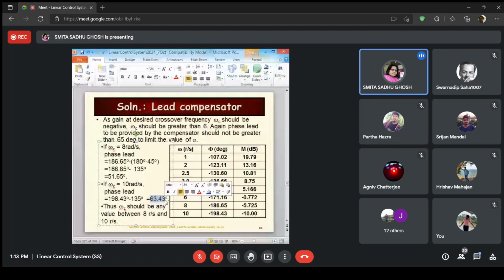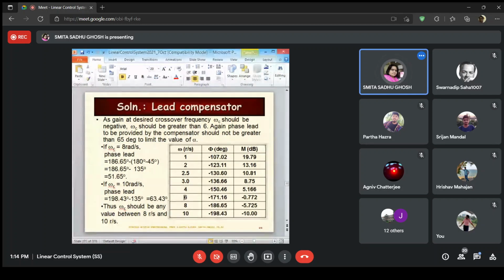Say if you ask for 80 degrees or 70 degrees, for that matter 75 degrees, then you will not be able to get a proper solution for your quadratic, and there will be no feasible solution. But yes, over here the desired gain crossover frequency can be placed anywhere between 8 radians per second and 10 radians per second.